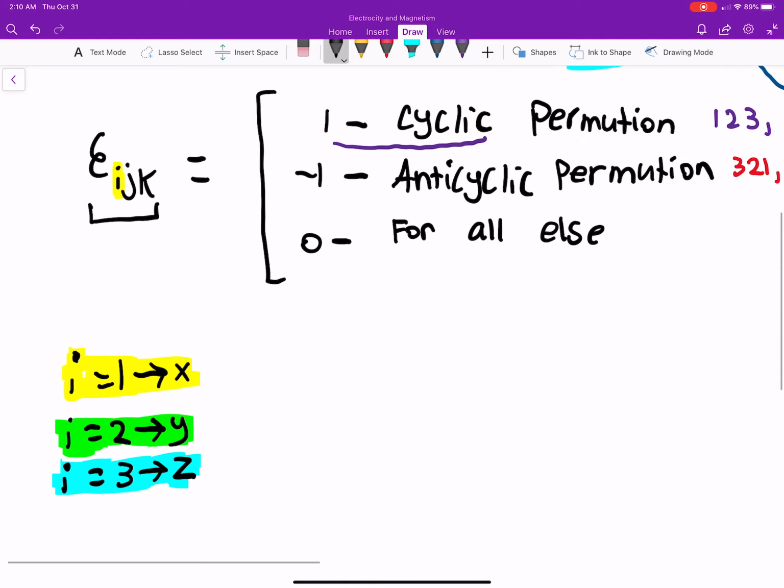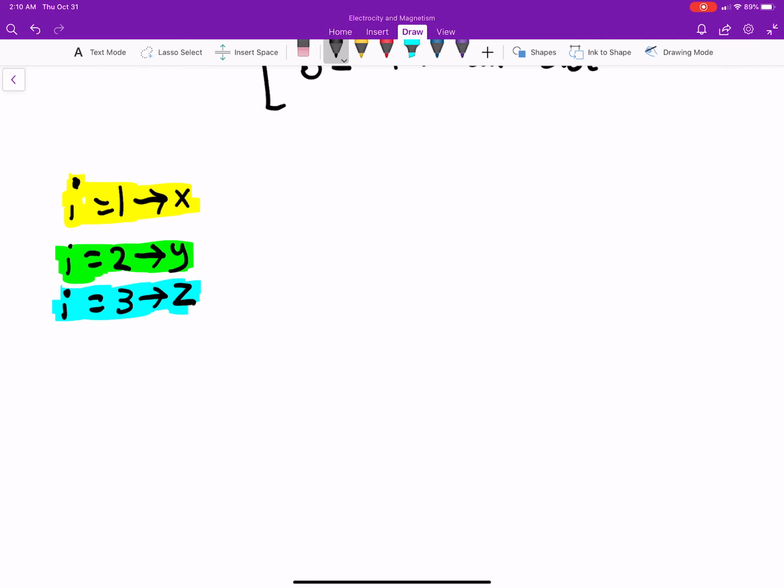Okay, so the next part I want to show you is A cross B. You know what that is. Then down here, I'm going to put I, which is the I we're talking about over here. I'm going to keep it just I for now, but we can let that be 1 or 2 or 3 or whatever we want.